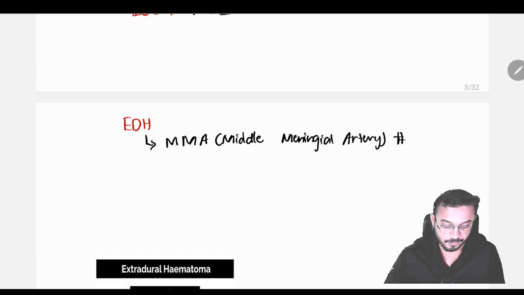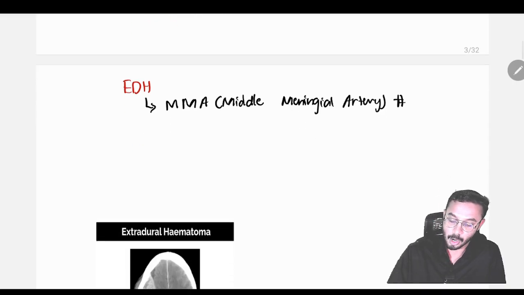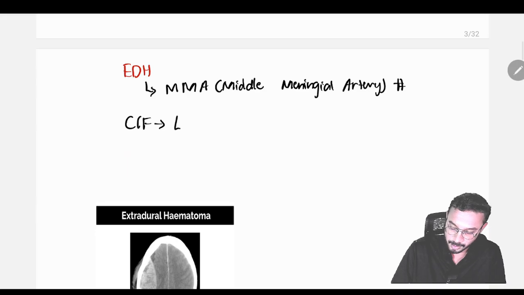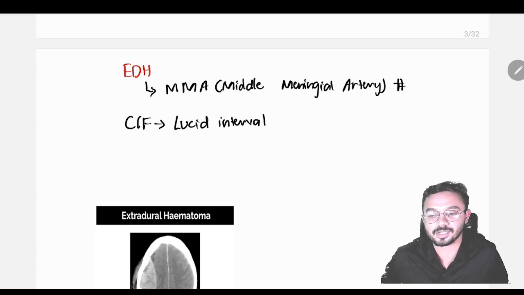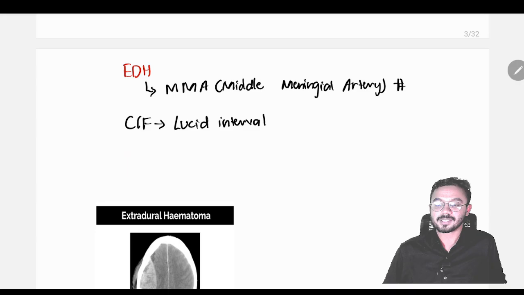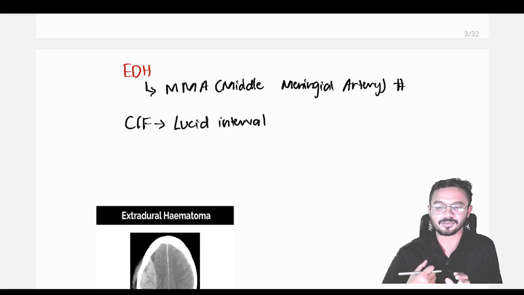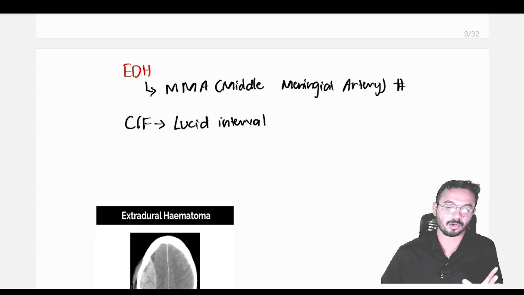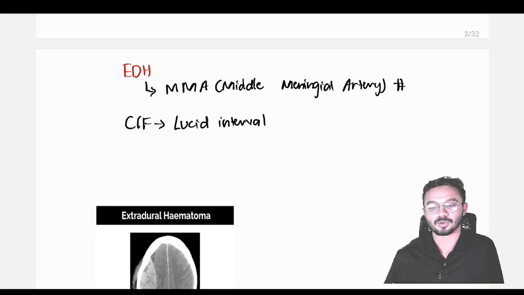So in this EDH, the very important clinical feature is the lucid interval. I will explain it. Lucid interval is like, the person has fallen from the bike and is unconscious at the time of falling, and after some time he regains awareness and comes home. He says he had an accident, and after some time he was perfectly normal, and he rode the bike home, and at home again he becomes unconscious.